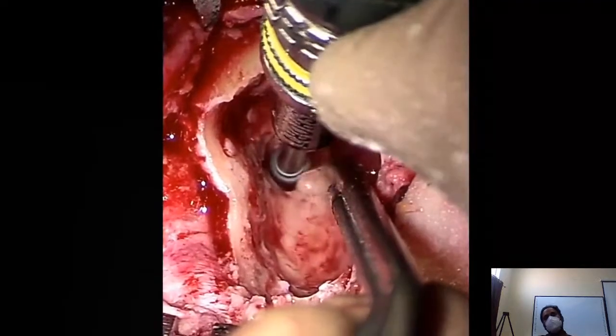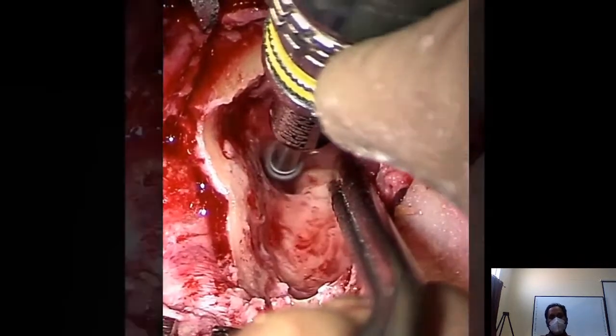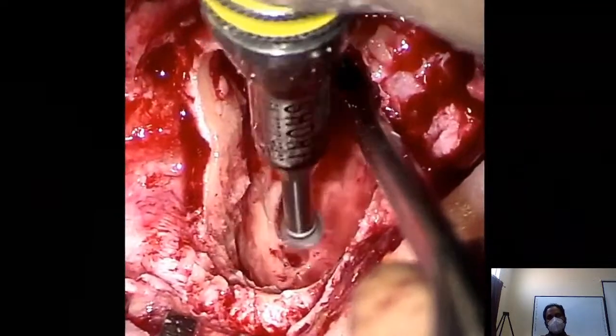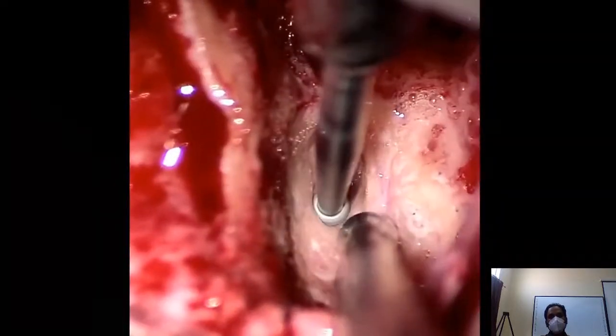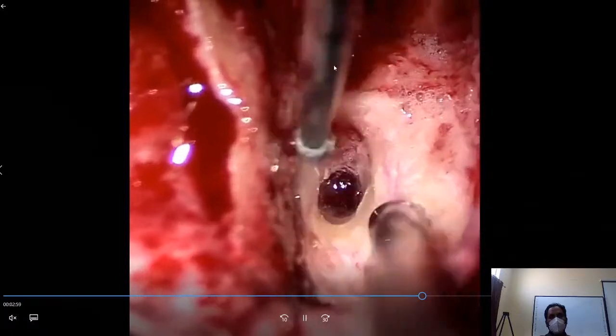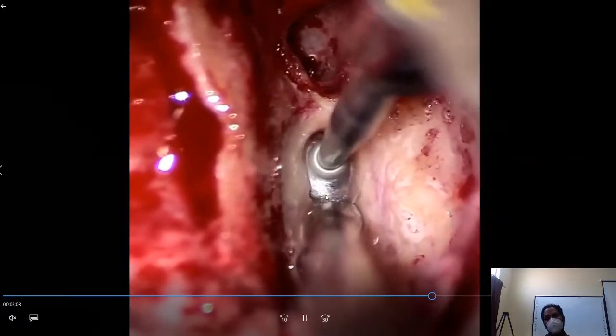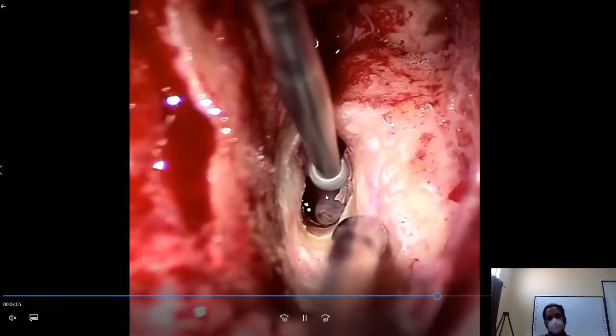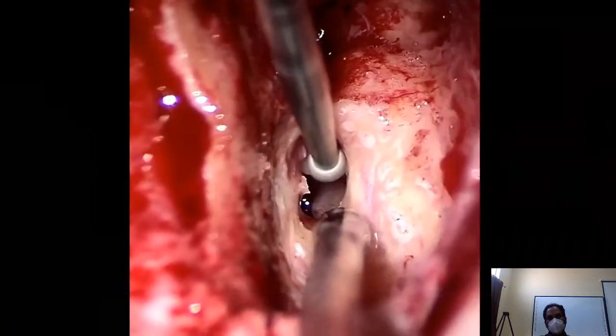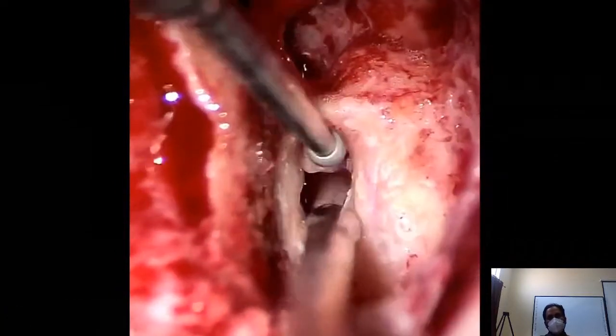So continuous irrigation with saline is very important while performing mastoid surgeries. This is the antrum being opened, and this is the posterior tympanotomy being done. This is the facial nerve.